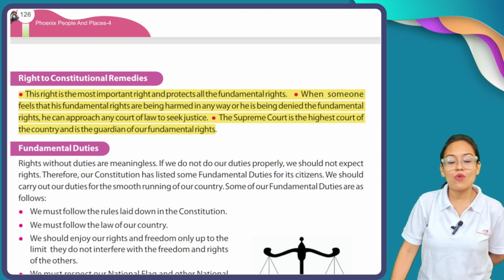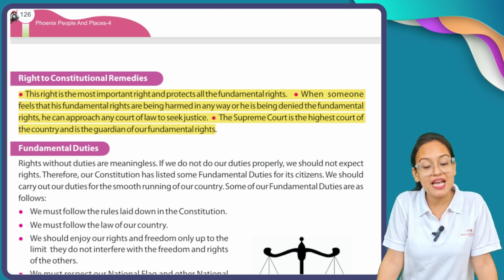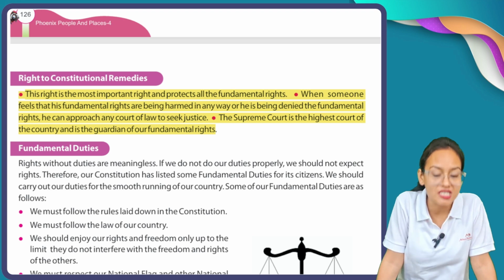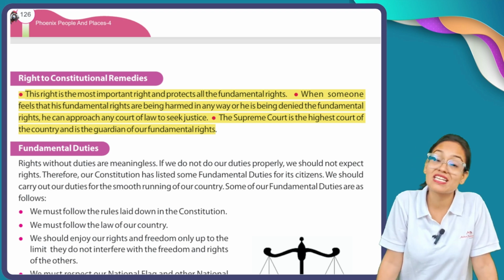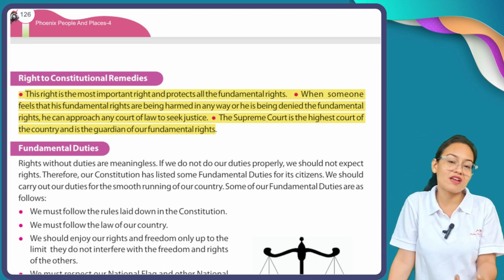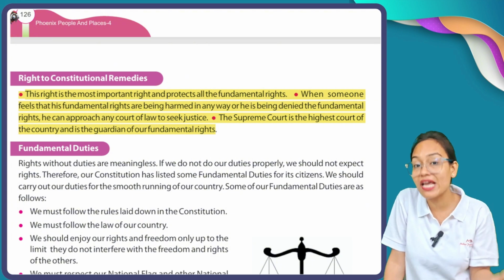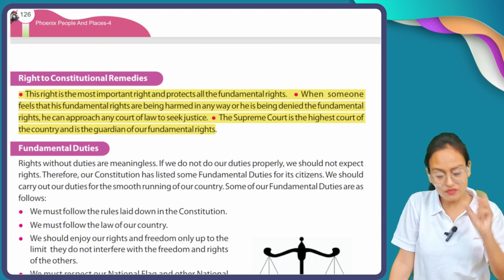When someone feels that his fundamental rights are being harmed in any way, or he is being denied the fundamental rights, he can approach any court of law to seek justice. Now here you can see this right to constitutional remedy acts as the protective layer for all the previous five fundamental rights.